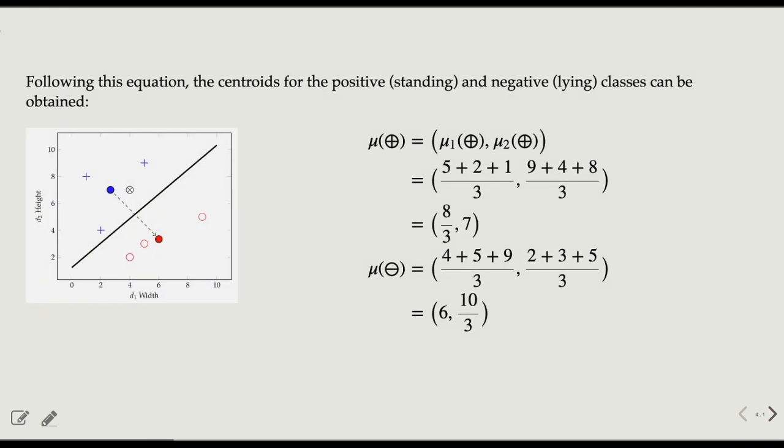Now we had this idea of the linear classification using the centroids of the data points. Again, emphasize the idea of a linear classifier. Let's say the width is V1, the height is V2.